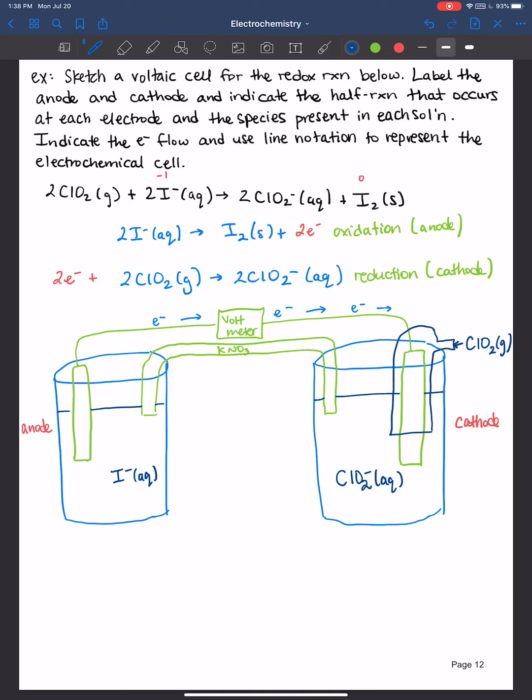And then we notice that iodine is a solid electrode here. It turns out that iodine is special, that you need to have an iodine couple with platinum electrode to create this voltaic cell. It's not just iodine alone. And part of that is due to iodine's qualities of, it can sublime at certain temperatures.